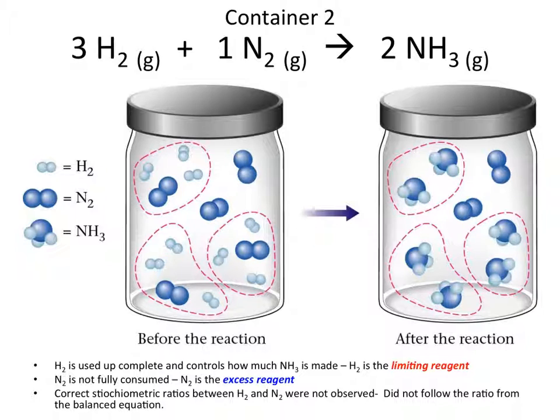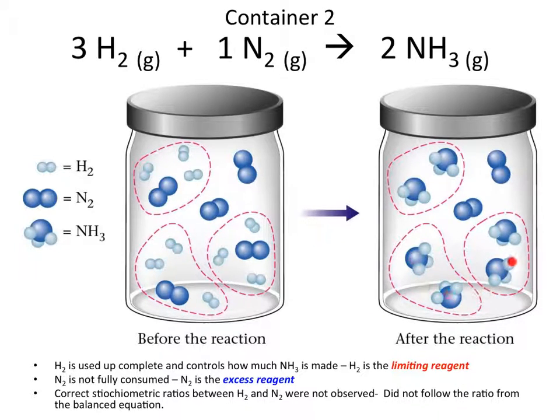When we look at container 2, however, we can see that we have 1 nitrogen and 3 hydrogens, 1 and 3, 1 and 3. But like we said, we had to remove 2 nitrogen molecules to get a good ratio. As you can see, we do produce our ammonia molecules, but we'll have some N2 left over at the end. So in this case, the hydrogen was completely used up.